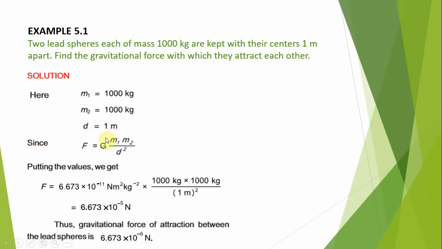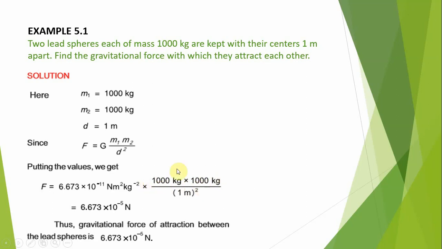So by putting in the formula, that is Newton's law of gravitation, we have F equals G M1 M2 divided by d square. Now by putting values, first we put the value of the gravitational constant, then M1 M2 and the square of the distance. If we take scientific notation of these two values, then 10 raised to the power 3 and 10 raised to the power 3 becomes 10 raised to the power 6.